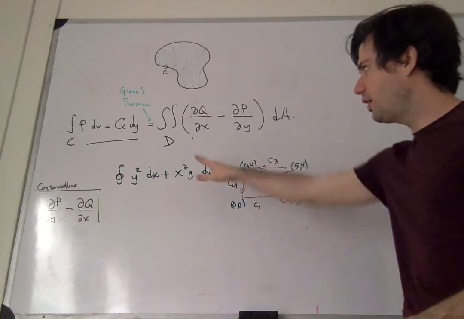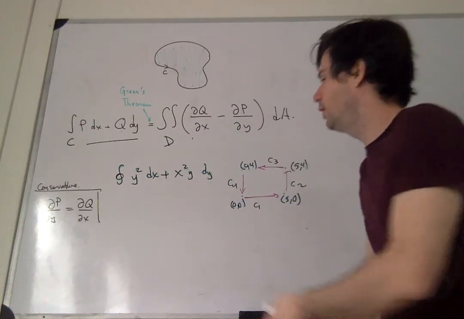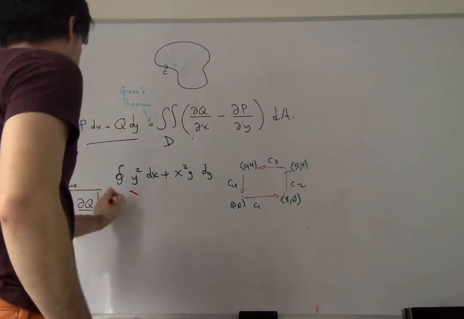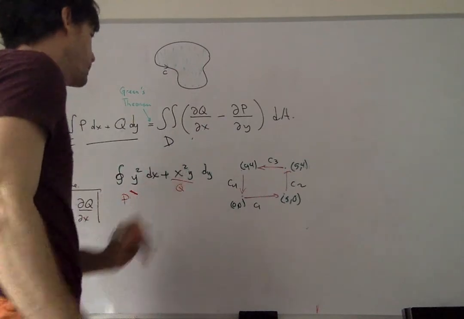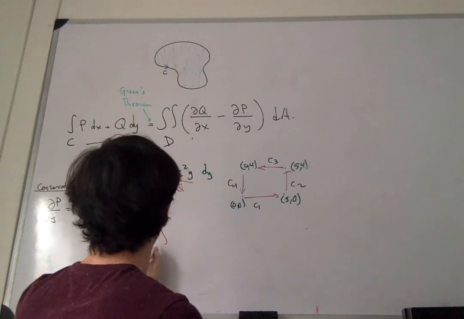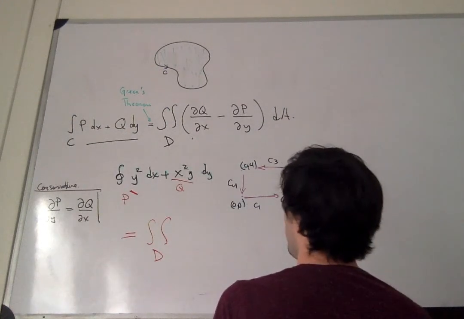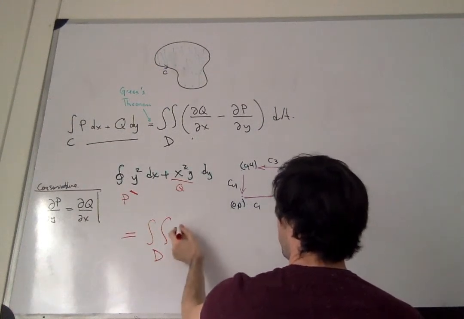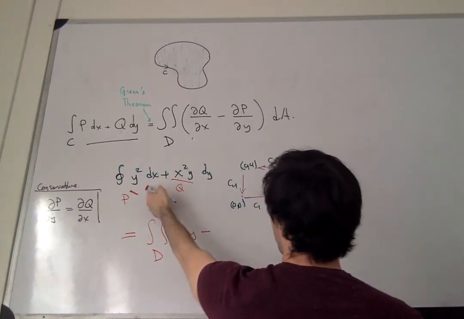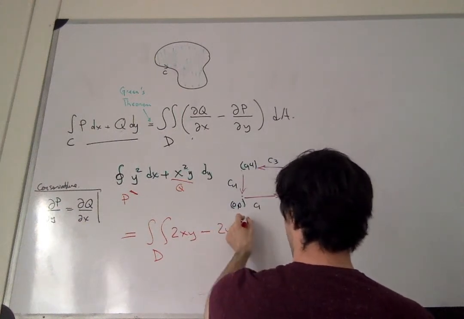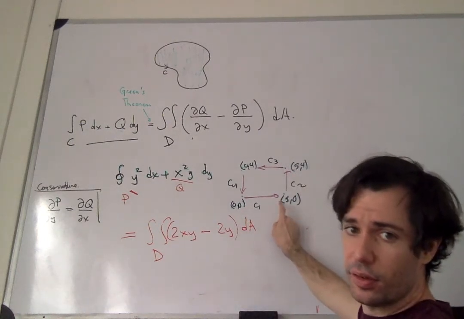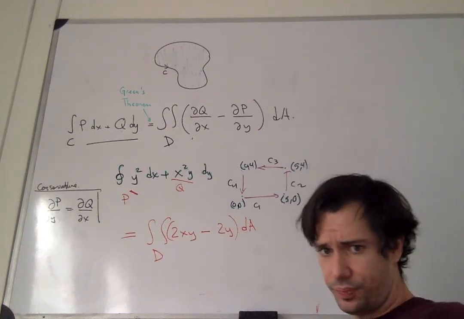So what we're going to do instead is we're going to use this right here. So this is my P, and this is my Q. So what I need to do is rewrite this, and I'm going to take the derivative of this with respect to x, so I get 2xy minus this with respect to y, which is 2y, and I'm going to integrate it over this rectangle.